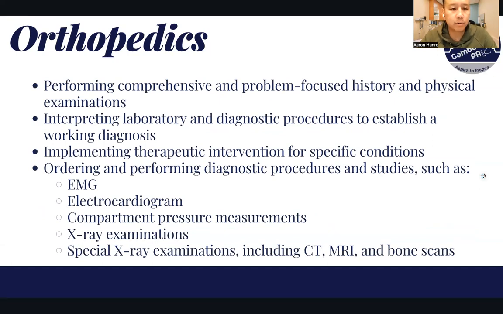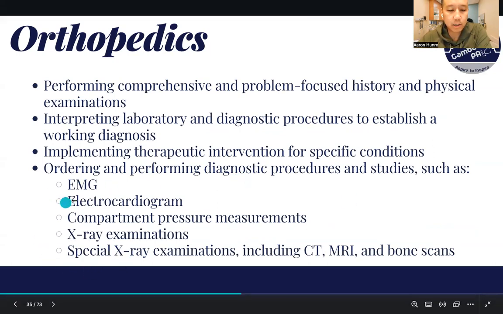All right. So aside from performing those comprehensive and problem-focused history and physical exams, again, we're able to interpret all the different diagnostics and do a full workup, implement therapeutic intervention, and these are the other diagnostics that we were talking about.